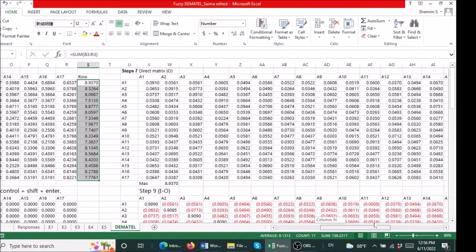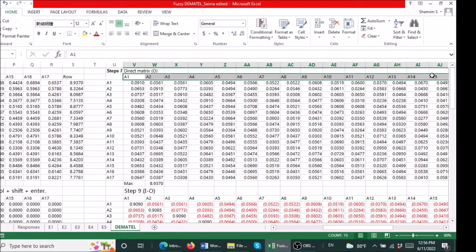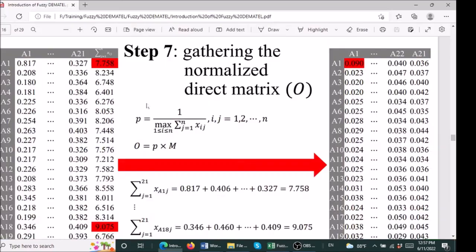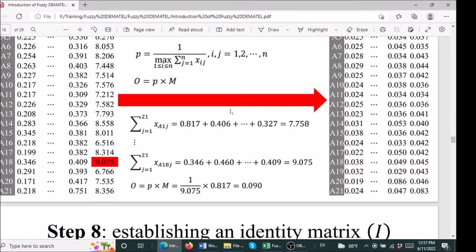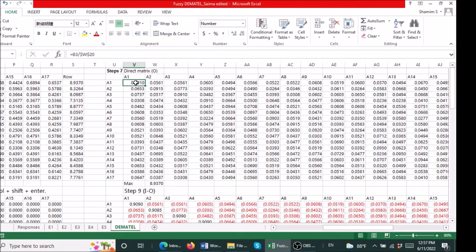And then come to the direct matrix, how to obtain the direct matrix. Again, we have to create this table first, then use the formula. To get the direct relation matrix, the formula is given here. So max, from where did we get the max?